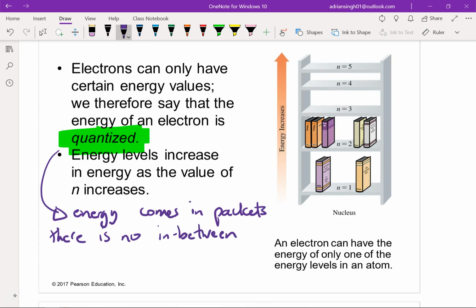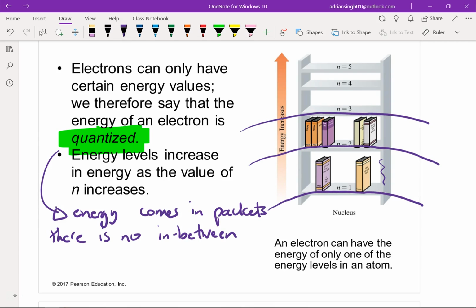Okay, so there's one packet of energy that corresponds to this level. There's another packet that corresponds to that level. If you add another packet, it corresponds to this level, n equals 3. There's nothing in between here. There's no n equals 1.5, for instance. All right, so you're either in n equals 1, n equals 2, n equals 3, etc. There's nothing in between. So we say that's the quantization of energy of the electrons.